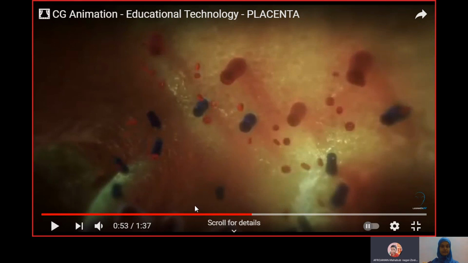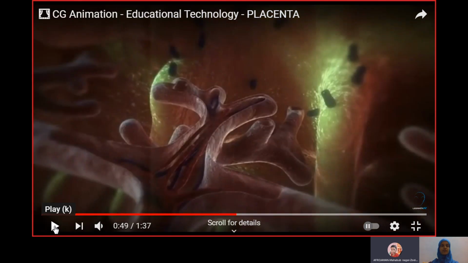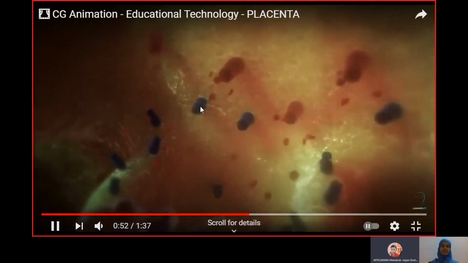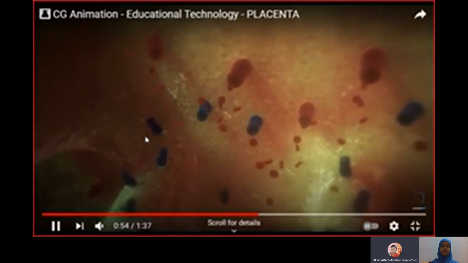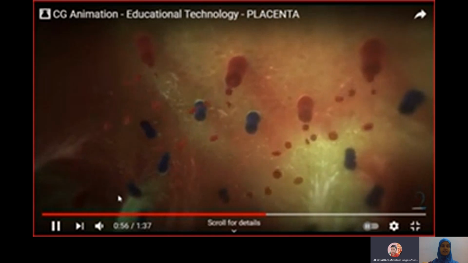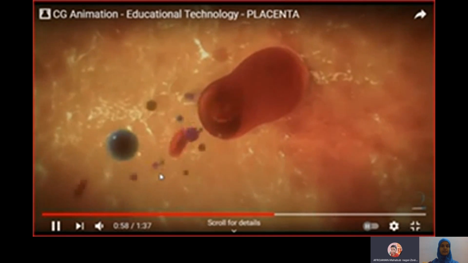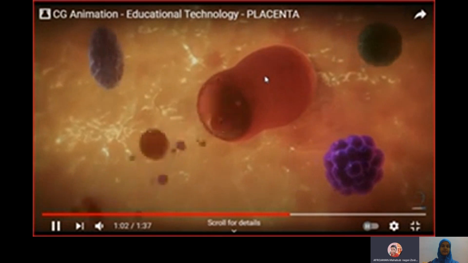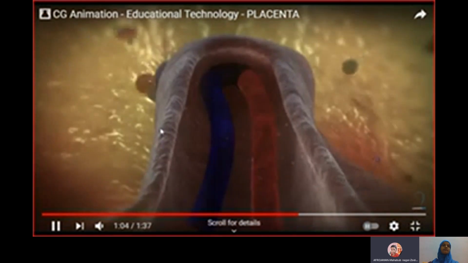Here you can see how the exchange of food materials occurs through the blood. See here, blood cells are released in this space. From the space, this chorionic villi is absorbing the blood. These are the mother's blood vessels, arteries, releasing food substances and also hormones.